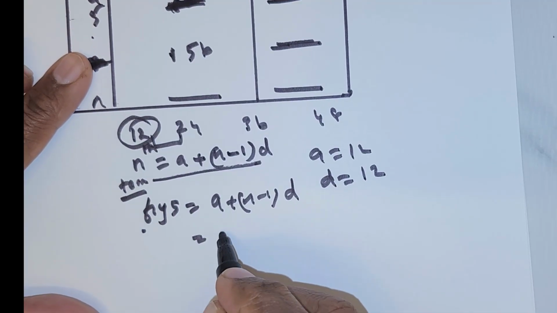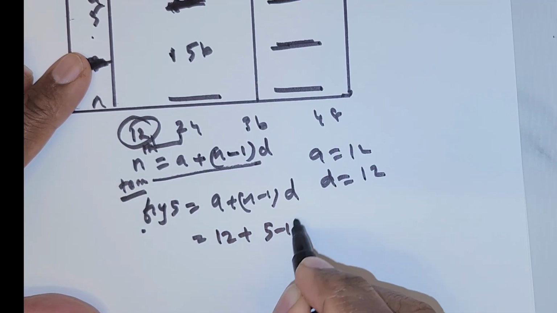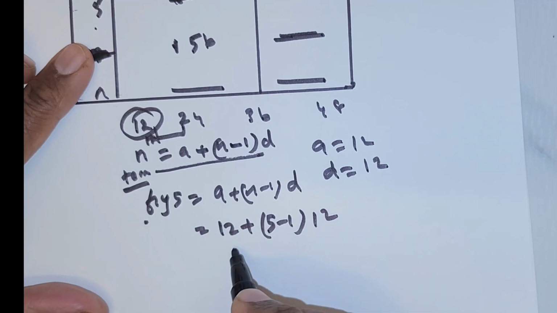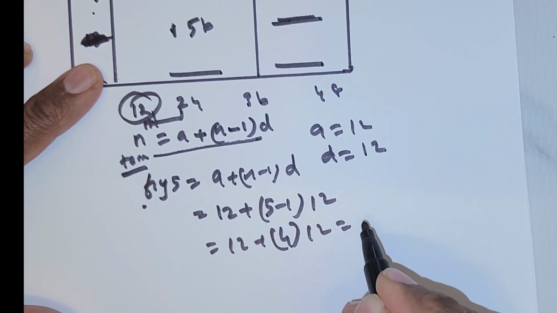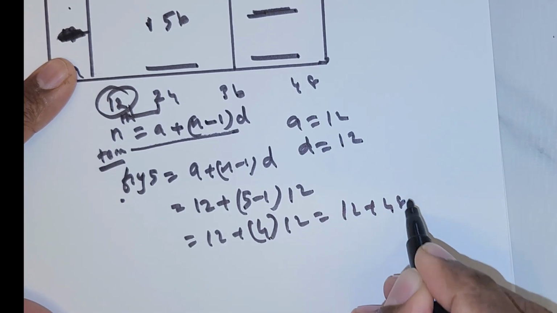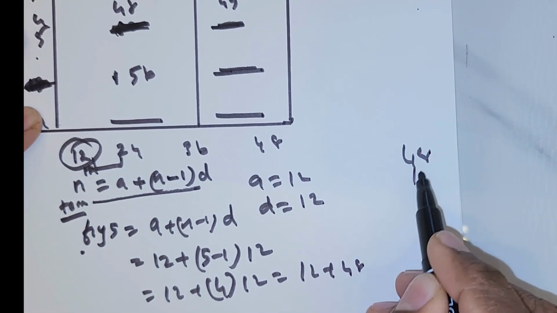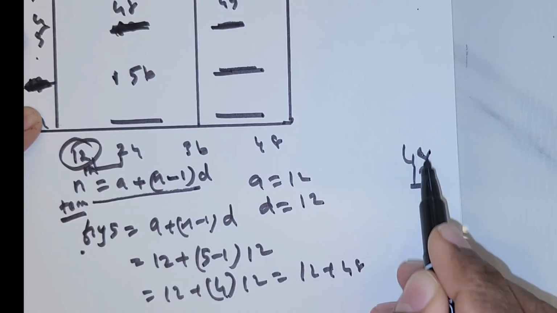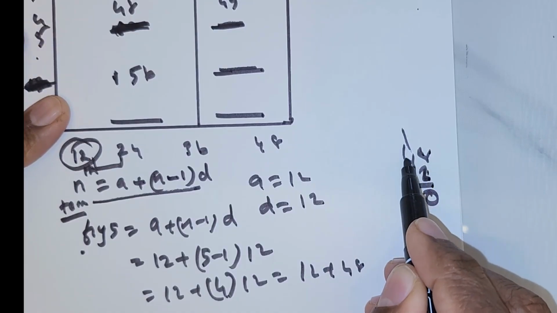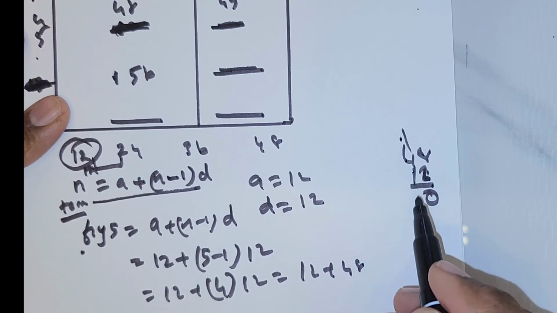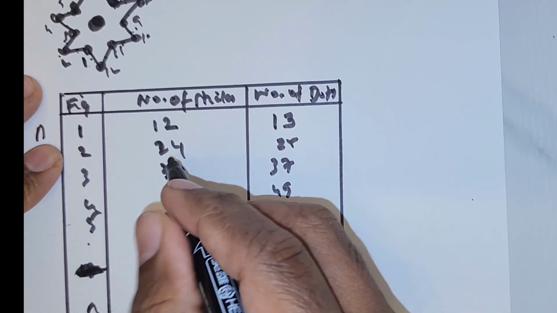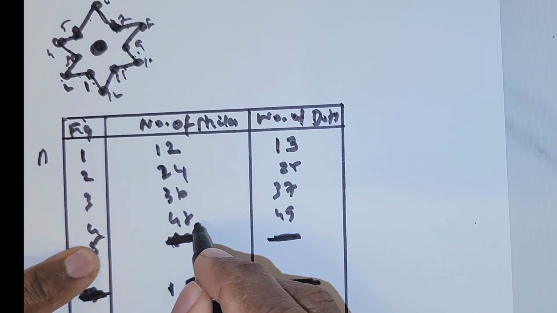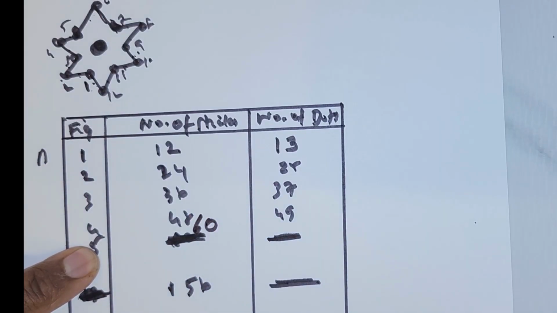Okay, so this is 12 positive, 5 minus 1 into 12, which is going to be 12 positive, 5 negative 1 is 4, multiplied with 12, which is going to be 12 positive 48. So to 48 you add 12, what do you get? 8 added with 2, 10, 4 with 1, 5 with 1, 6, 60 is the value. So the number of sticks for figure number 5 is going to be 60.